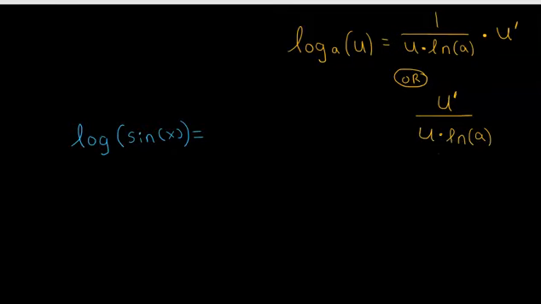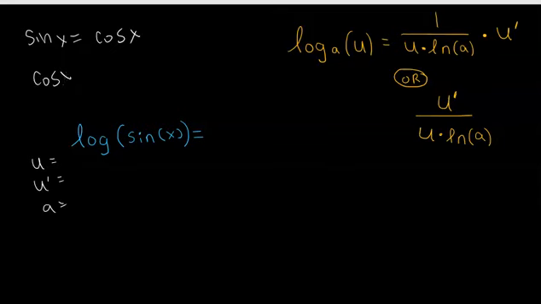Let's do another problem. This is similar in nature, although the u has been shifted. So we're going to do our bookkeeping: u, the derivative, and then the letter a. So let's take a look. I have sine x, the derivative is going to be cosine x.